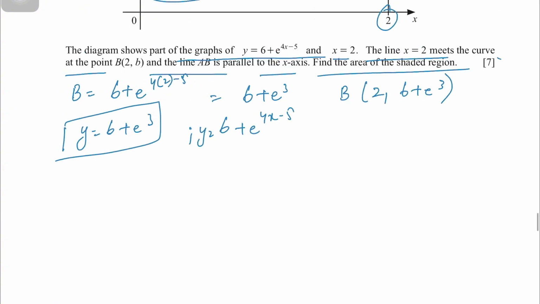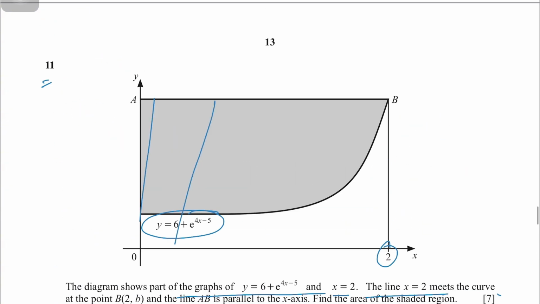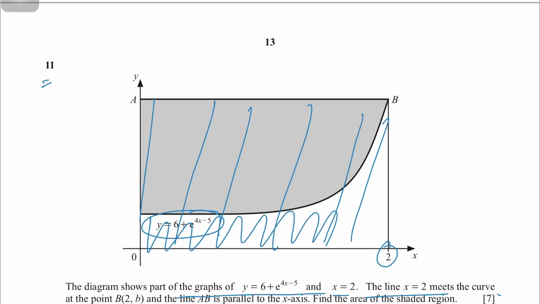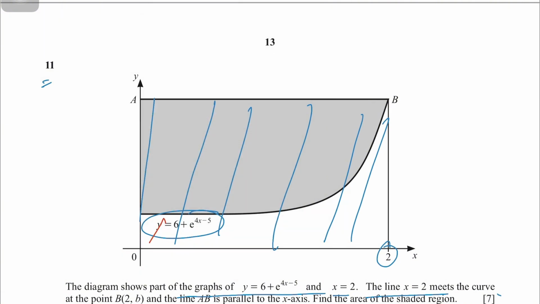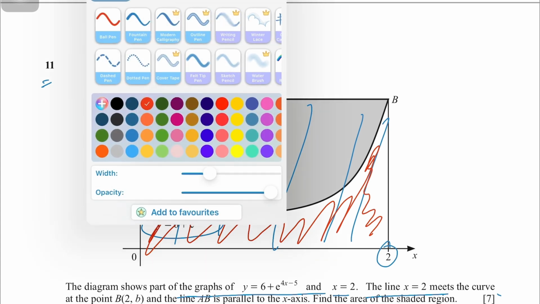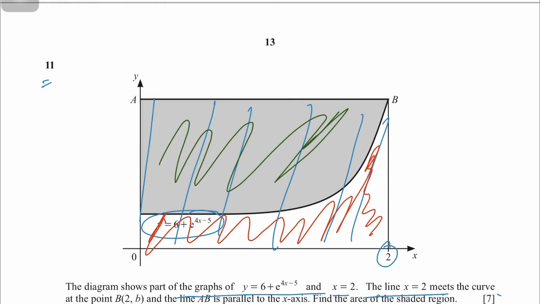So what we need to do is, if we calculate the area under the line, we get this, and if we remove this area under the curve, let's just use another colored pen. If we remove this area, we get the area we want, that is this, right?